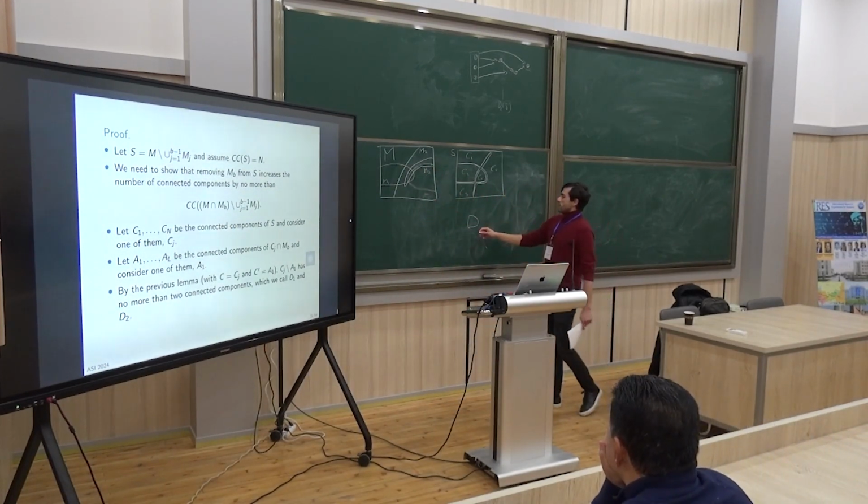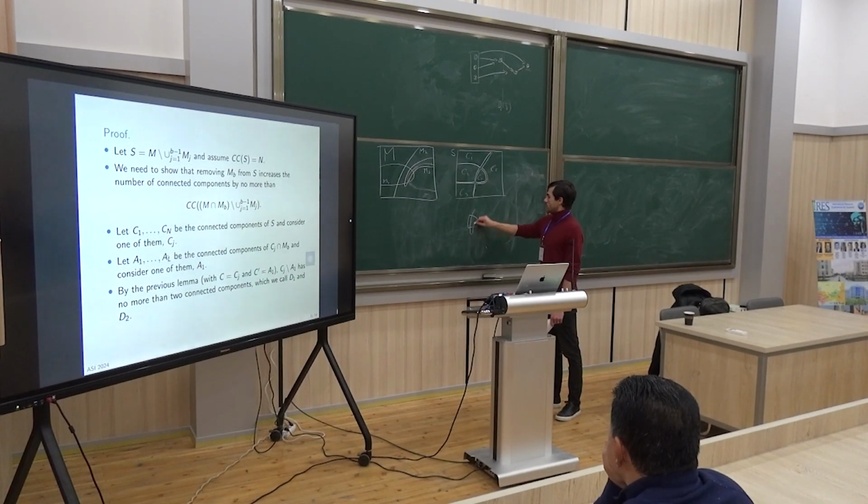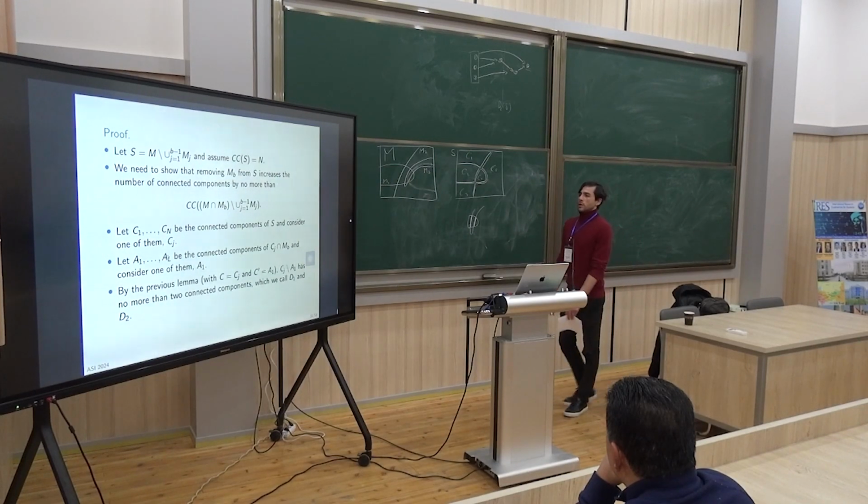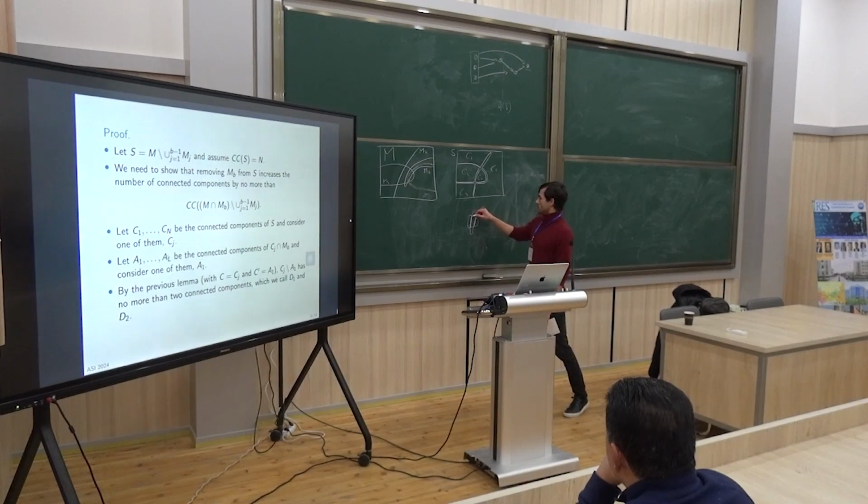Okay, so this is C4, we want to intersect that with M3, so that's going to look like this. So the intersection is going to be this part and this part. And we're going to call the connected components of that intersection A. So this is going to be maybe A1, and this is going to be A2.